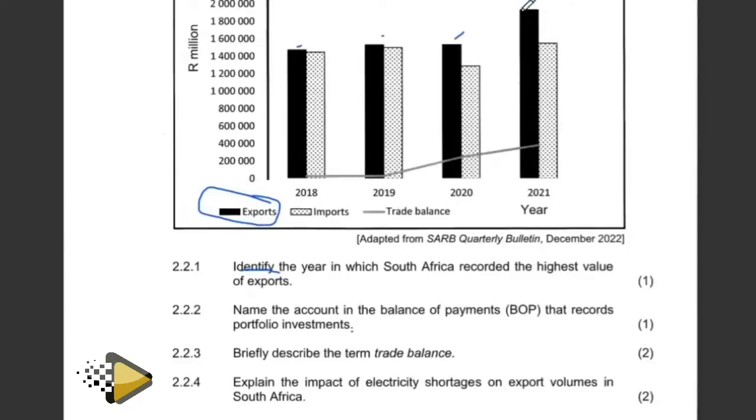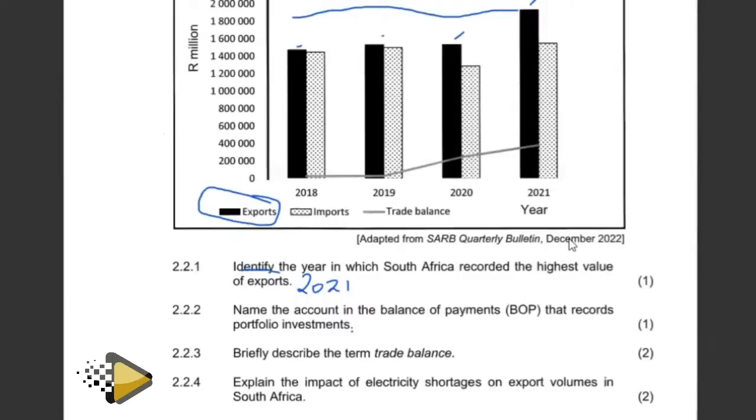So now, if we check here, the highest number of exports that we have is for 2021. So the appropriate answer in this regard is going to be 2021. Grade 12, if you still remember, the moment a question says identify, the expectation is to go straight to the given diagram, or a given scenario, or a given cartoon, so as to pick the answer there.